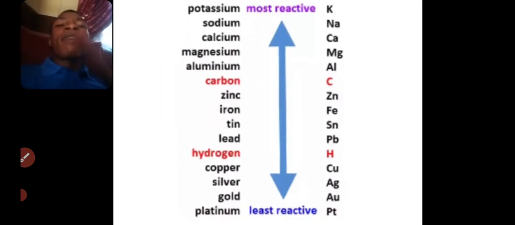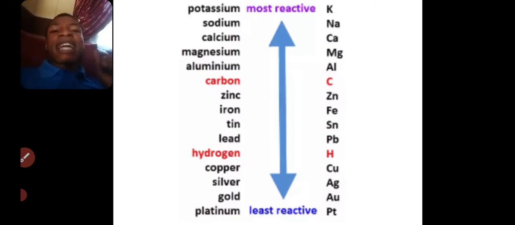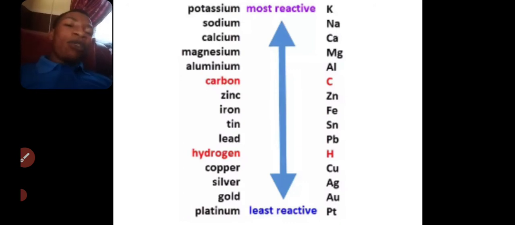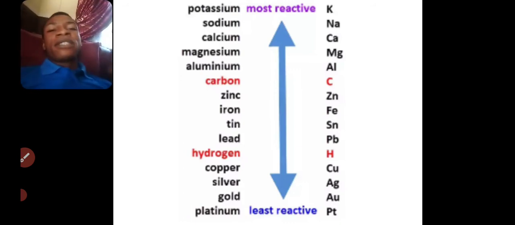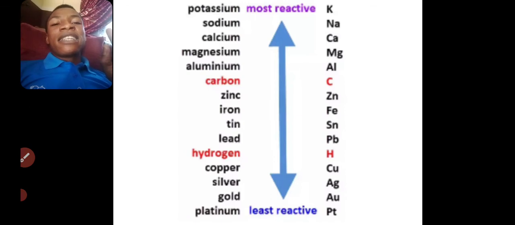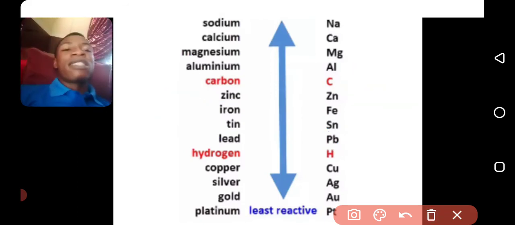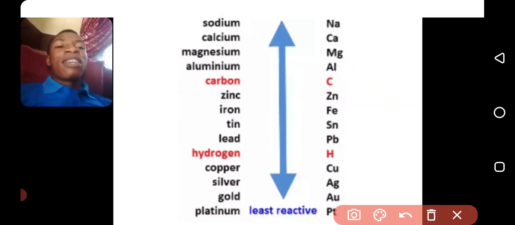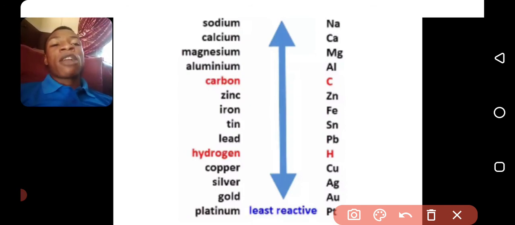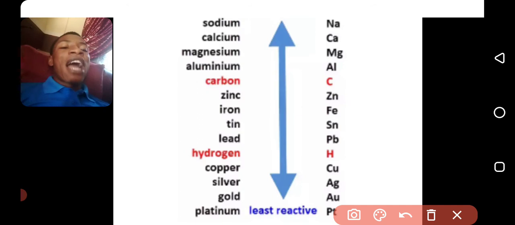Now, not all metals can displace hydrogen. When you are displacing hydrogen, the sign is that you are more reactive than hydrogen, and not all metals are more reactive than hydrogen. That's why we have this activity series, where potassium is first, followed by sodium, calcium, magnesium, aluminum, zinc, iron, tin, lead, hydrogen.